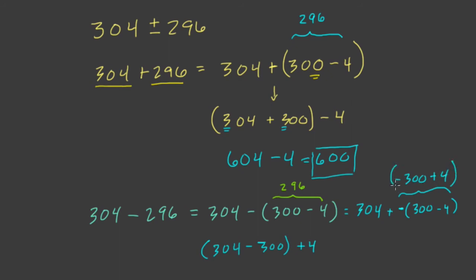And now we have that in parentheses. We're adding here, so this is the intermediate step. Hope I'm not confusing you. Plus negative 300 plus 4. Now we reassociate to 304 plus negative 300, which is minus 300, plus 4. And that gets us here.